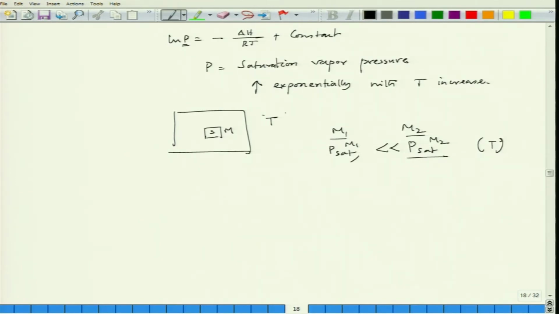So, this concept will be useful to see whether we need to do the heat treatment of that particular metal at low temperature or high temperature, or high pressure or low pressure.